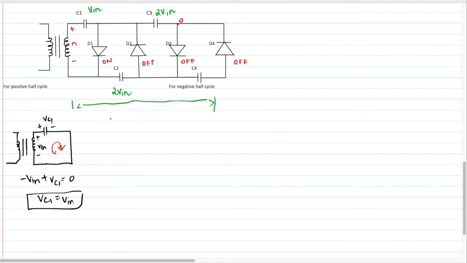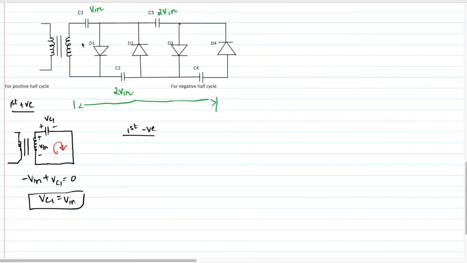For the first positive cycle, this is the first positive, and this is the first negative cycle. What happens when you apply the first negative cycle is that this will become minus plus.